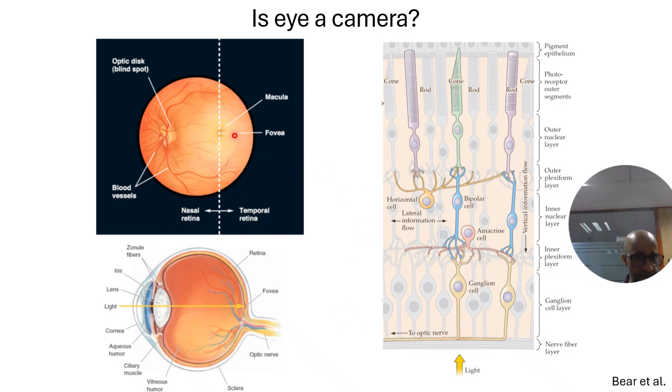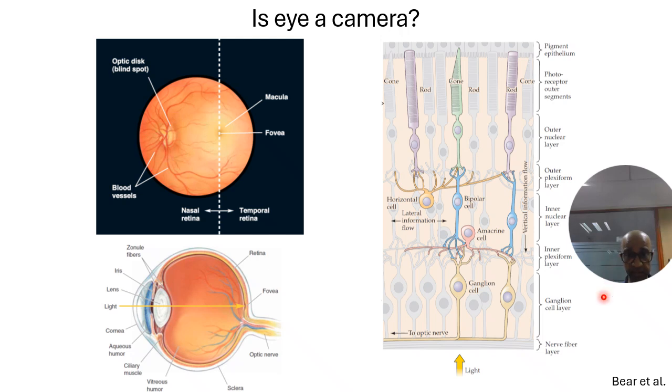Another couple of things that you need to notice is there is this part of the eye called the fovea, where there is the highest density of these cones that enables you to see with the highest possible resolution. And then as you go farther and farther away from the fovea, the density of rods and cones gradually decreases.